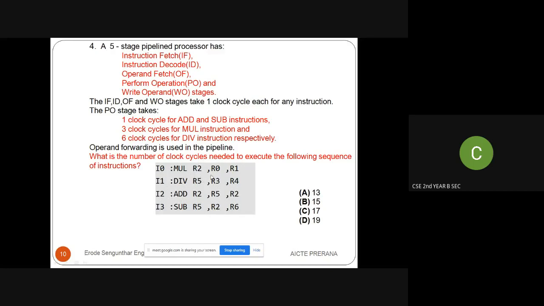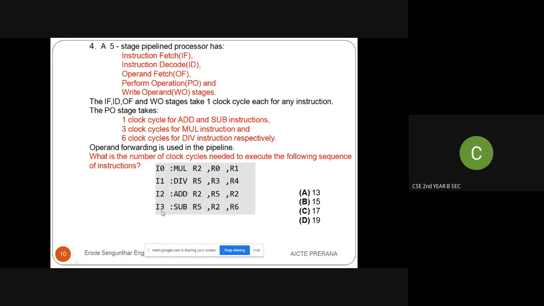The results of previous instructions are needed to carry out I2, so I2 is dependent on I1 and I0. R2 and R5 values should be forwarded to the I2 instruction. Then only we can process I2.